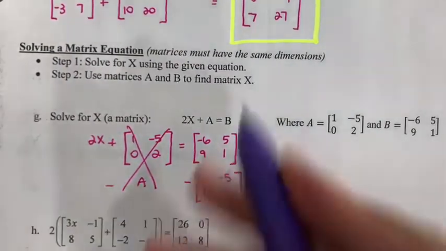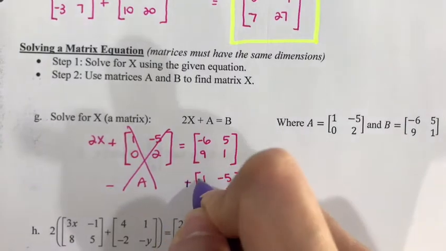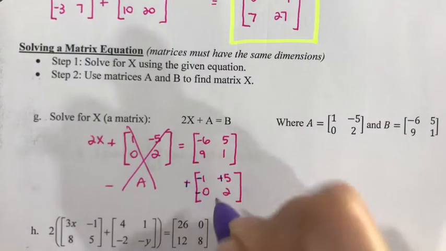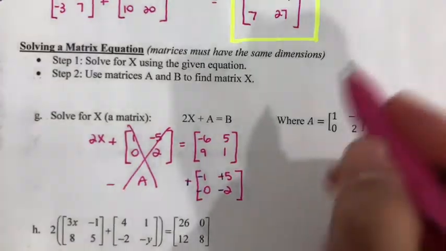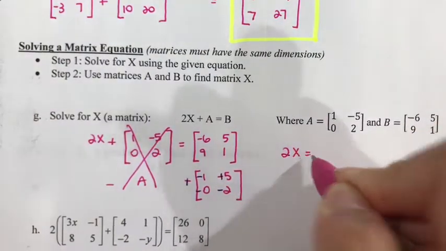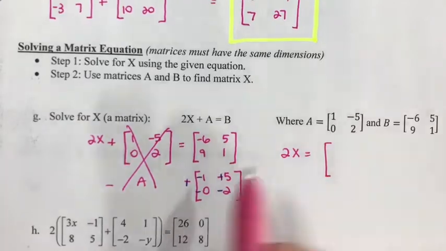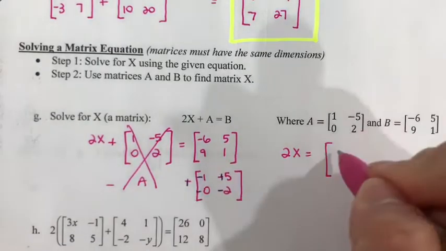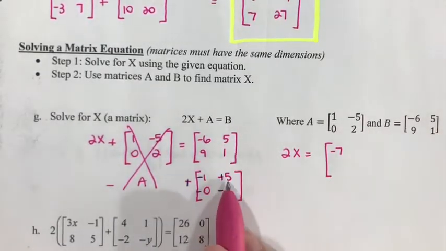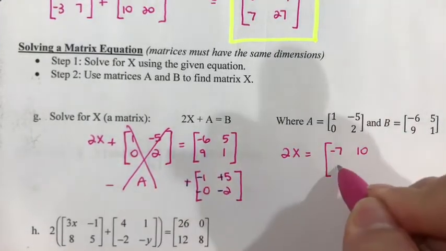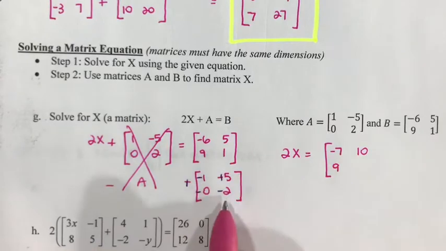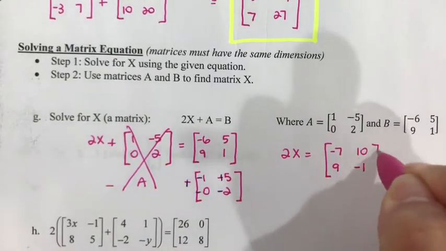And I'm going to change the subtraction to plus and change all those signs, just so we're distributing that negative through. So now I've got 2X is equal to, so -6 plus -1, 5 plus 5 is 10, 9 minus 0 is 9, 1 minus 2 is -1.